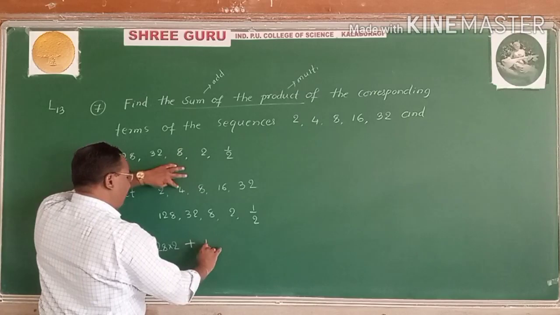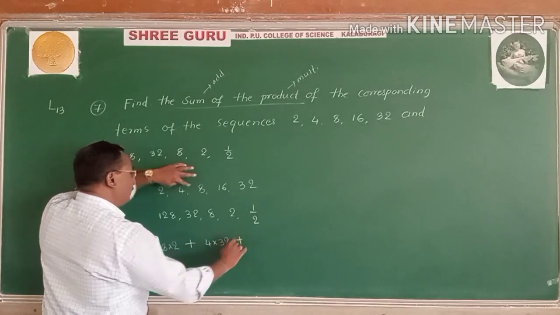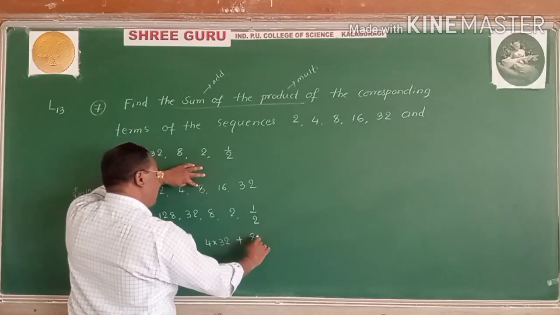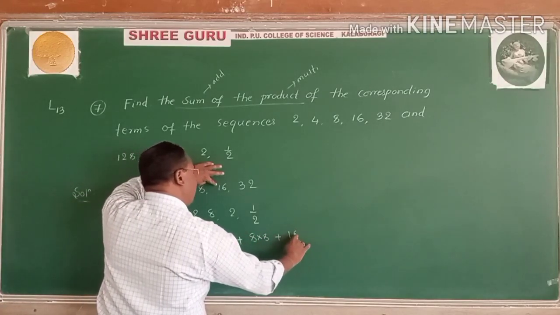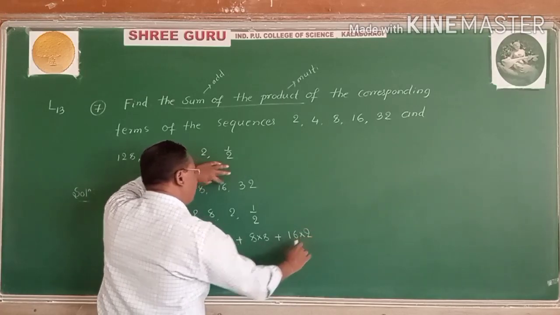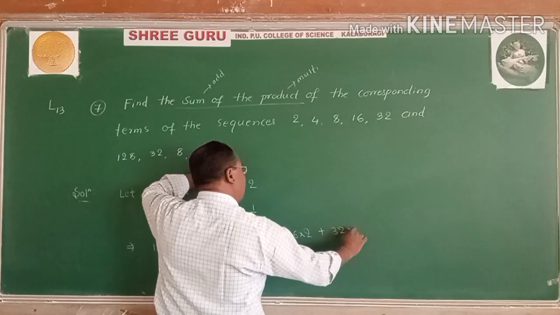Next, 4 into 32 plus 8 into 8 plus 16 into 2 plus 32 into 1 by 2.